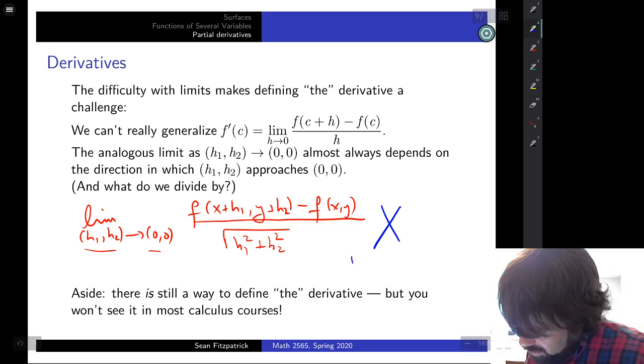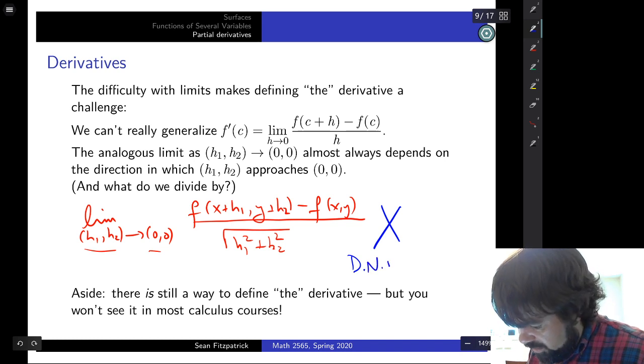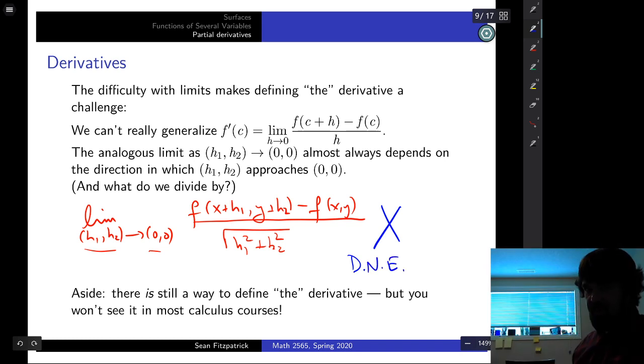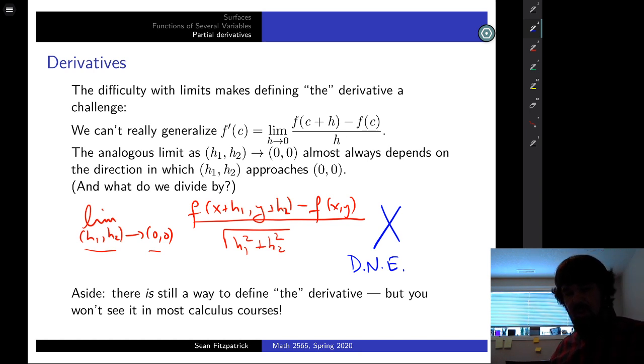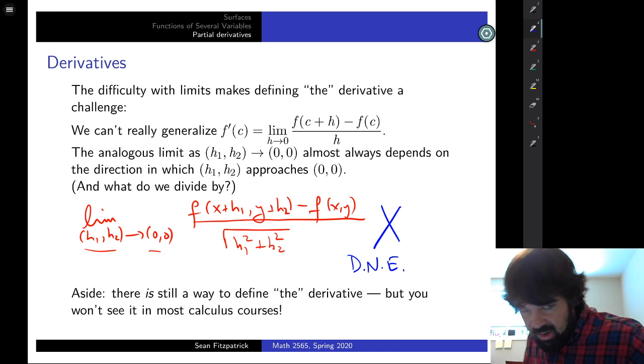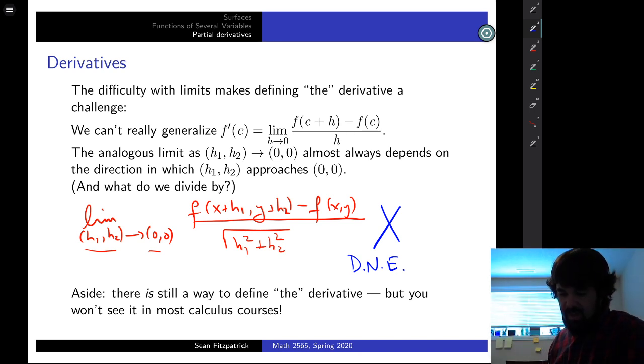This limit will almost always not exist because you get different values along different paths. So this is not the right way to generalize the definition of the derivative. There are ways to do it, but this is not it.